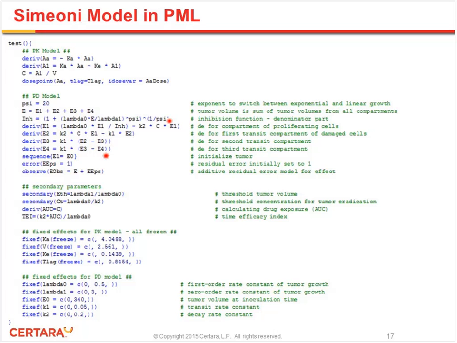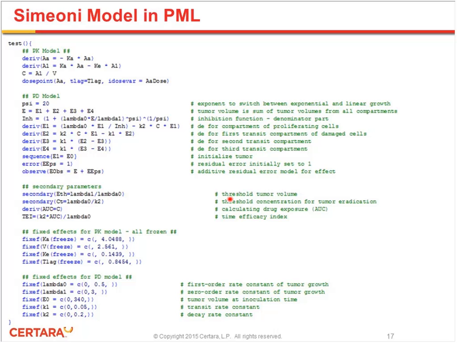And again, as with the Gompertz model, we had this before, we have to initialize the tumor volume, so E1 equals E0. So at the start, there's an initial tumor volume. The rest is much the same code as we saw from the Gompertz model. There are a few secondary parameters that I've coded here, like the threshold tumor volume.